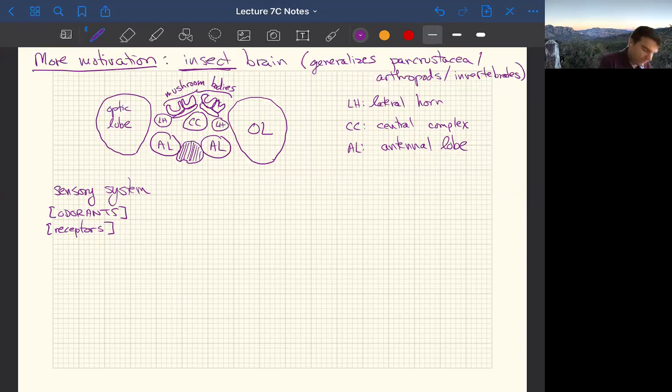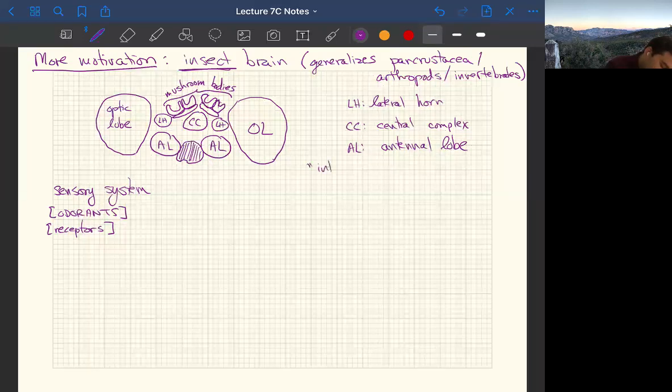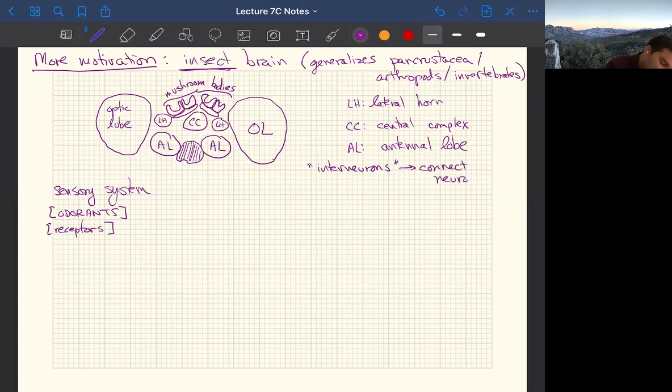And then there are interneurons, which are the things that connect neurons together. Of those interneurons, there are local neurons and there are projection neurons.